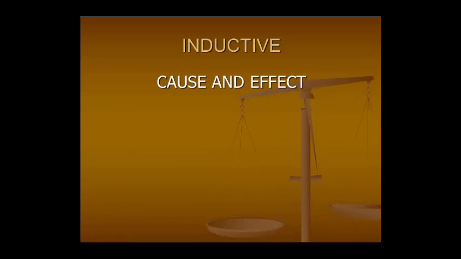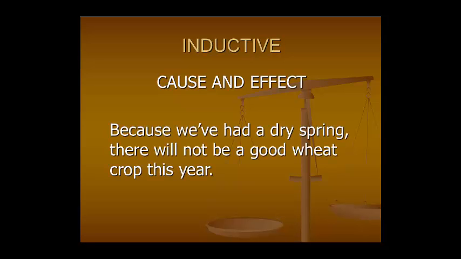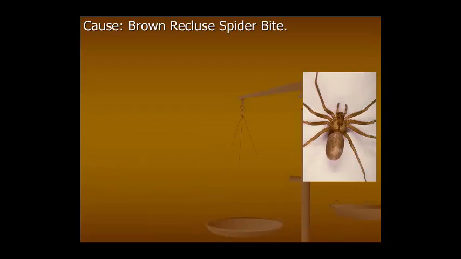A third inductive argument is cause and effect or causal correlation. Because we've had a dry spring, there will not be a good wheat crop this year. One thing's a cause, there's going to be a second thing, which is an effect. Another example, we could have a brown recluse spider.